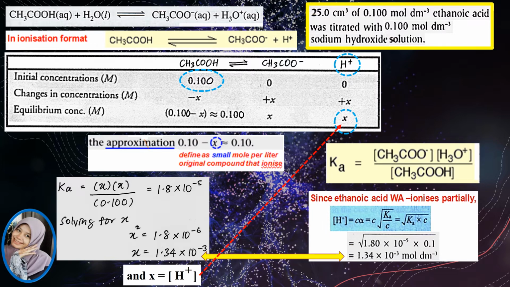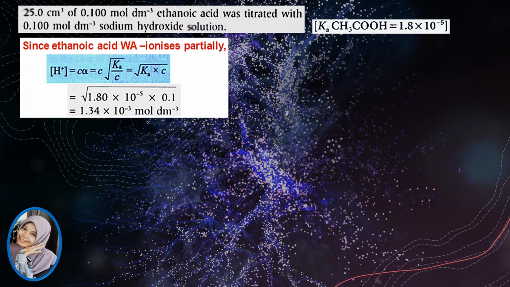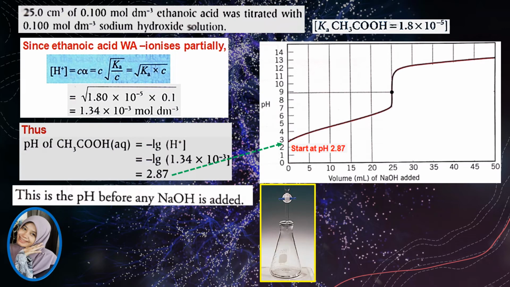Substituting the equilibrium concentration values for each species in the last row into the Ka expression will give us the value of X, that is concentration of hydrogen ion. If you still remember from Ostwald dilution law, we can also use this formula to get the same value of concentration of hydrogen ion. pH of given weak ethanoic acid before any sodium hydroxide is added is 2.87.